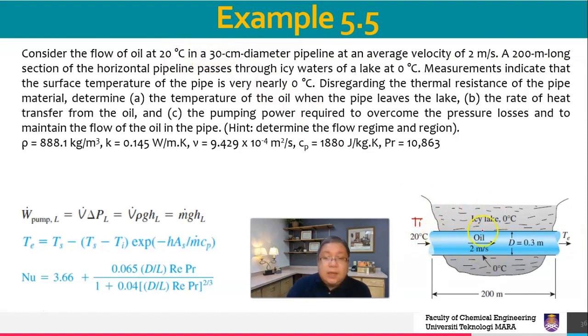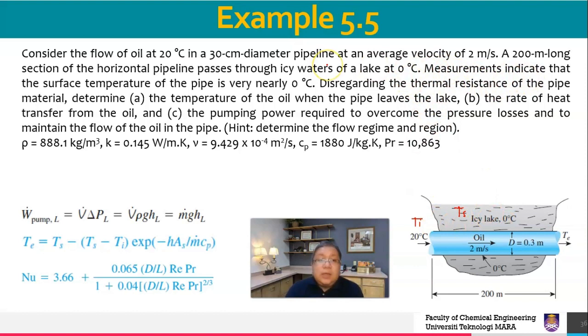Okay, and you know that the Ts is always so-called constant. So you know what is the formula that is related to the constant Ts. Okay, and then you also will basically look at the Ts, which is 0, okay, constant.